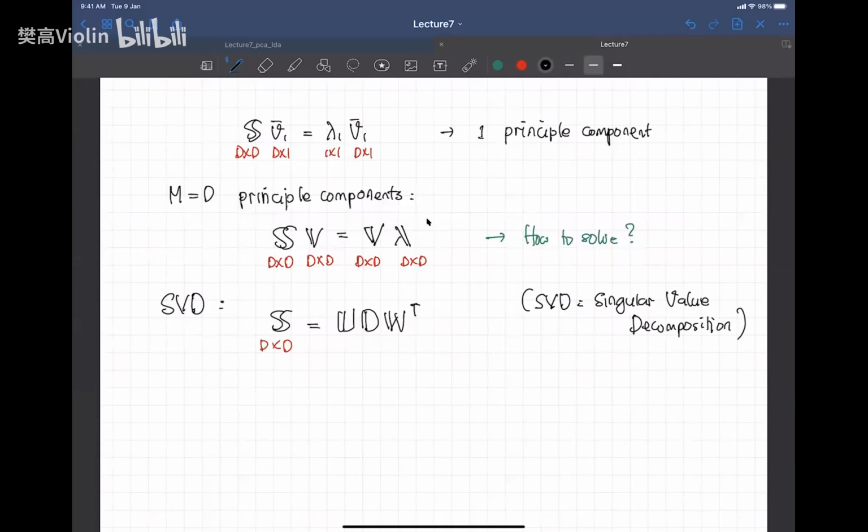Actually, W is equal to U if it is d by d. But anyway, let's put it in the standard form here. The columns of W, meaning the rows of W transpose, are the eigenvectors of S, which are V1, V2 up to Vd.